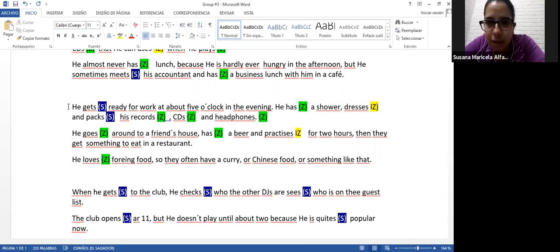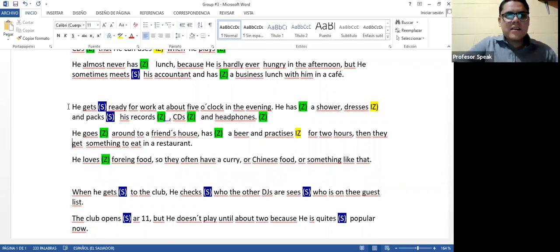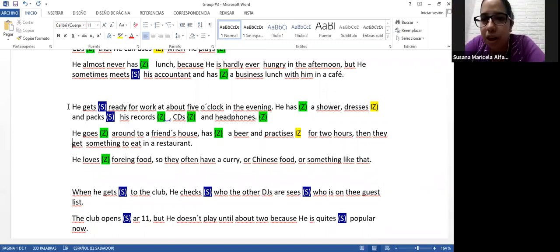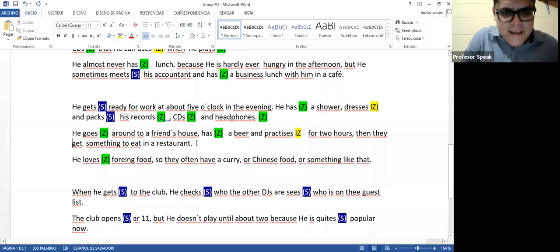Then they get something to eat in a restaurant. He loves foreign food, so they often have a curry, or Chinese food, or something like that. Okay. All right.